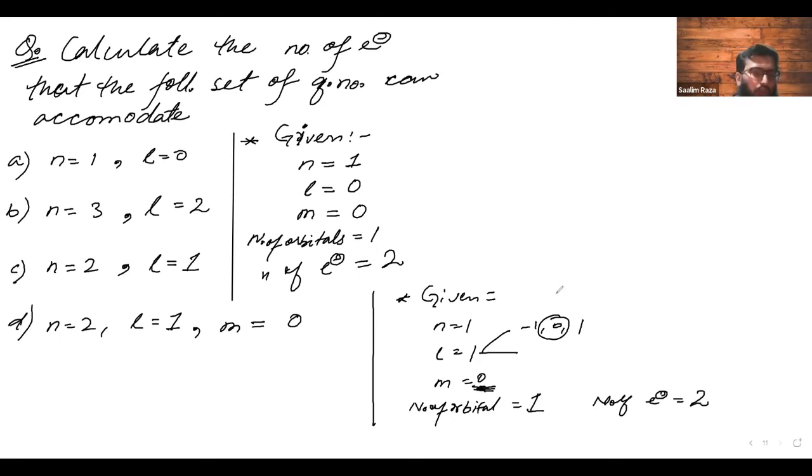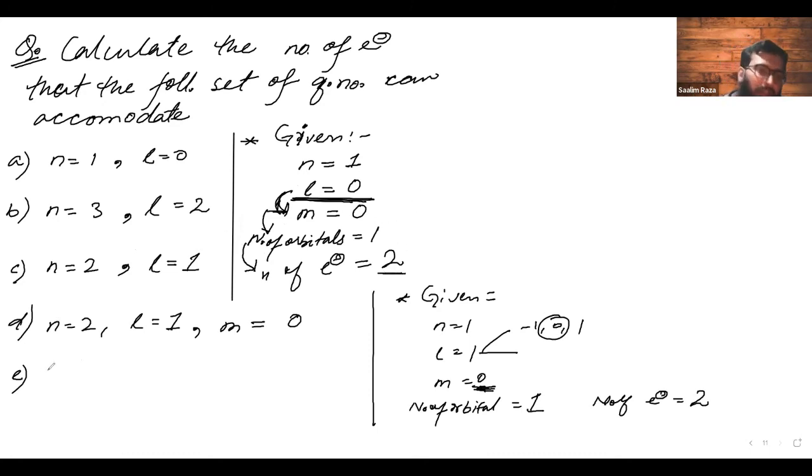What you have to do in each of these types of questions is write the givens, then start calculating the number of electrons. You cannot calculate the number of electrons directly from L. You have to go to m, then to the number of orbitals. Then you multiply the number of orbitals by 2, and you will get the number of electrons.